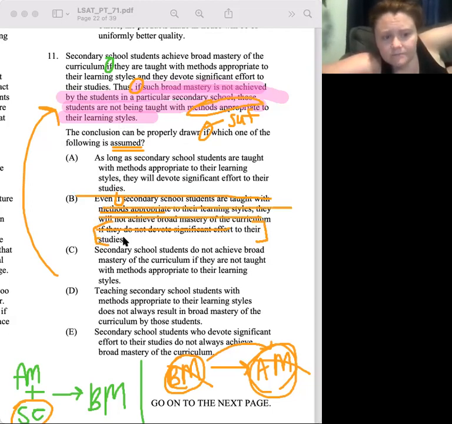All right, C: secondary school students do not achieve broad mastery of the curriculum if they are not taught with methods appropriate to their learning styles. That doesn't talk about the effort, so I wouldn't choose that one.